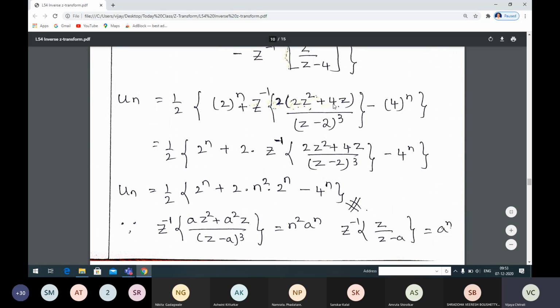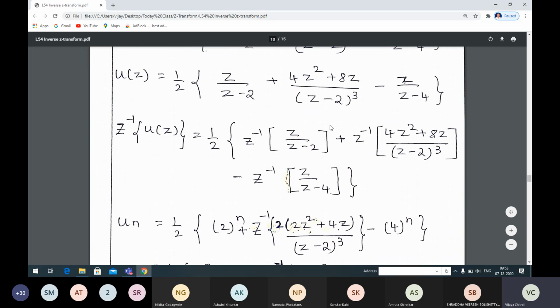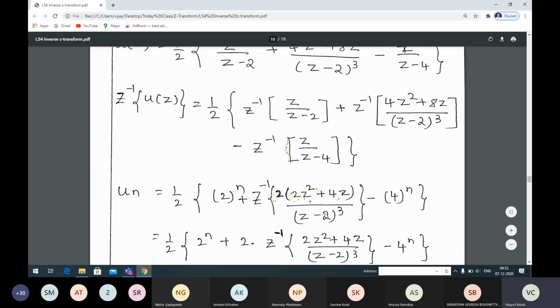So 4 we can write this as 2^2, means 4z also we have. Only thing is here 2z^2, and here we want 2z^2 plus 4z. According to this, we want 2z^2 plus 4z, and we have 4z^2 plus 8z. Right. So this is possible, 2z^2 plus 4z. This is possible by taking 2 outside. So taking 2 outside, 2z^2 plus 4z, and (z − 2)^3 is as it is.